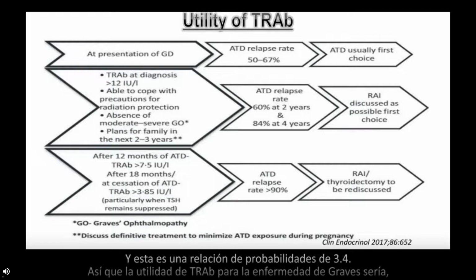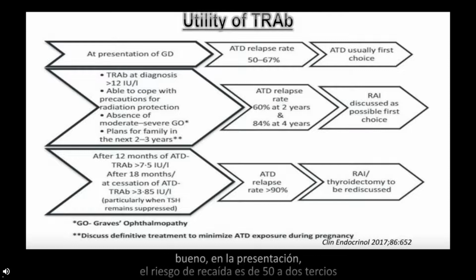So the utility of TRAB for Graves' disease would be, well, at presentation, the risk of relapse is 50 to 2/3 for all patients. But if the TRAB is more than 12, the relapse rate is 60% at 2 years and 84% at 4 years. So one could say that perhaps you might want to discuss radioiodine therapy, right, in some time.